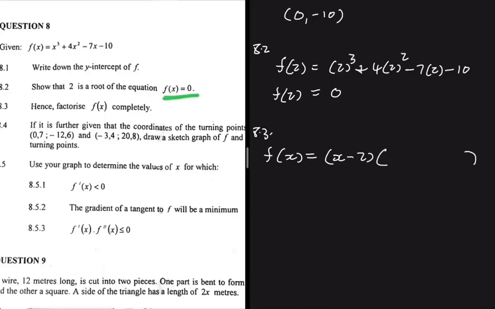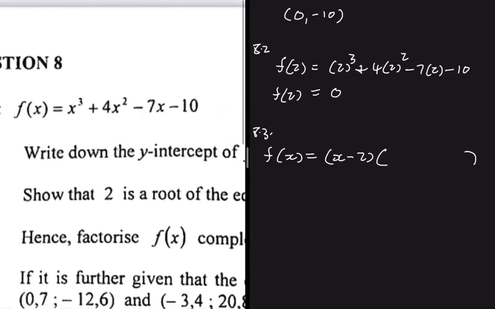We're supposed to multiply x minus 2 by a quadratic function. So let me show you something. Here we have x to the power 3. We already have x here, so it would make sense to say that we need x to the power of 2 there, so that when x multiplies x to the power of 2, we're going to have x to the power of 3.